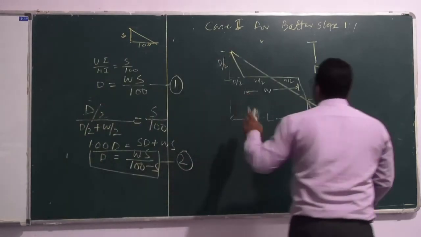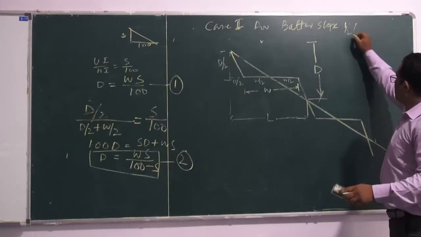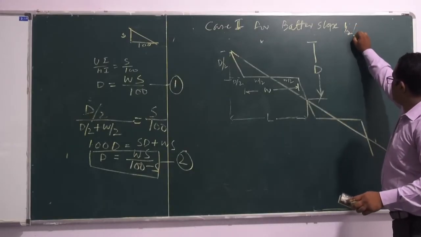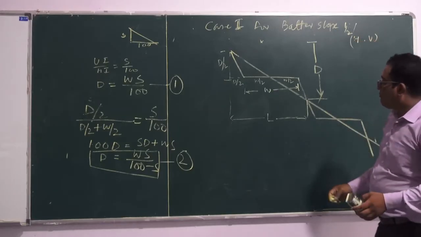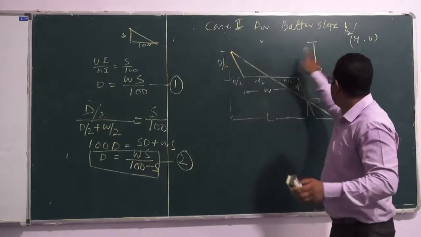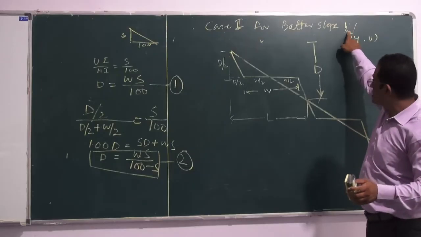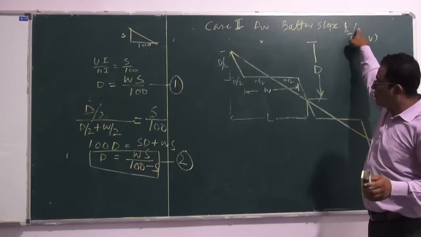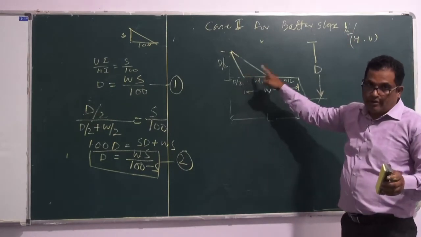Now, third case, if the riser slope is 1/2:1, that is horizontal to vertical. So in this case, if the vertical is D by 2, the riser slope is 1/2:1, for one vertical the horizontal goes half.